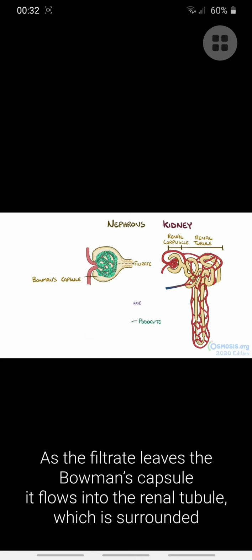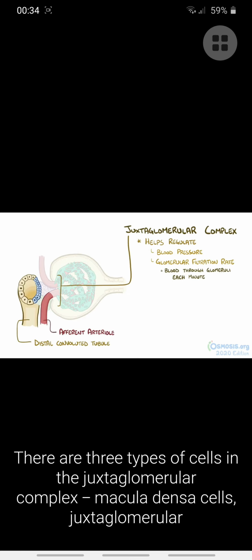The juxtaglomerular complex is located between the distal convoluted tubule and the afferent arteriole. There are three types of cells in the juxtaglomerular complex: macula densa cells, juxtaglomerular cells, and extraglomerular mesangial cells.